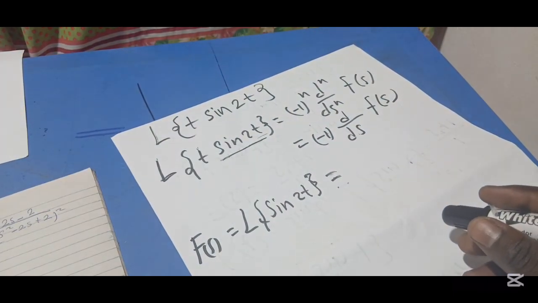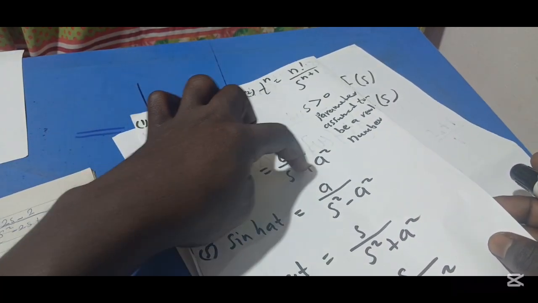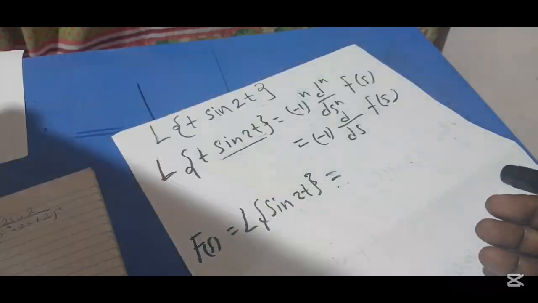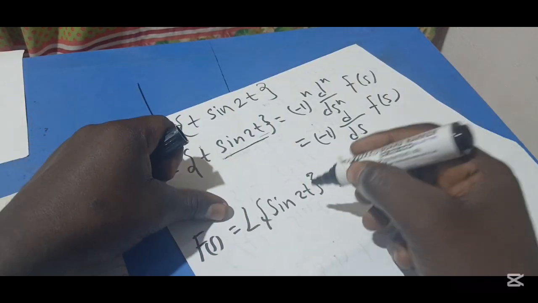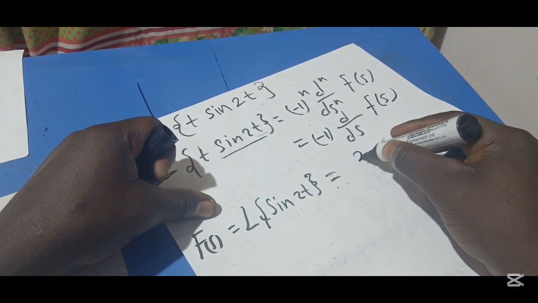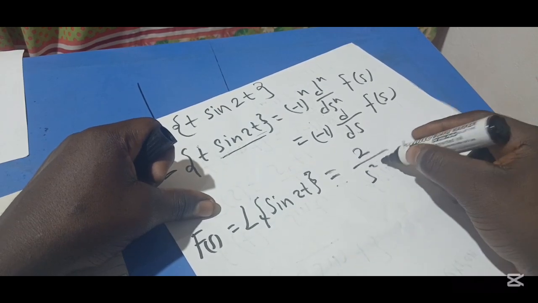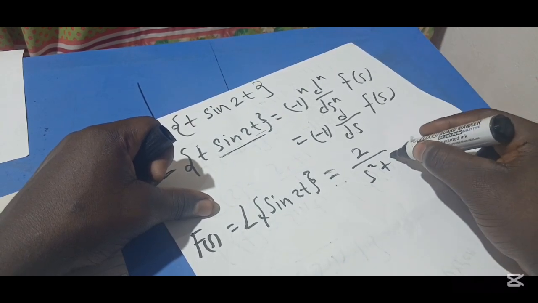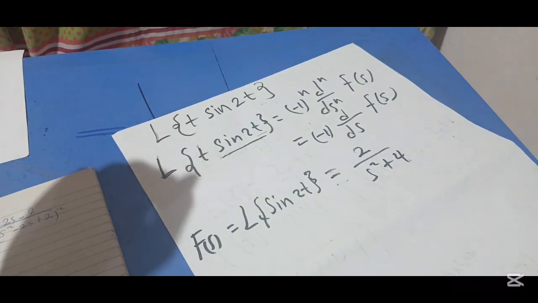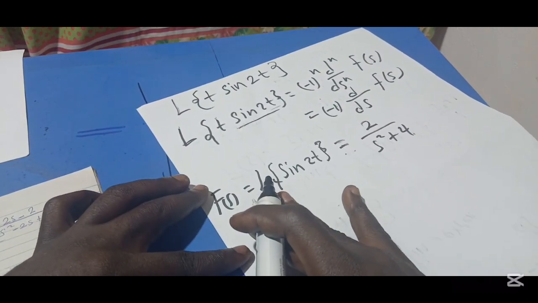The basic one is a over s squared plus a squared, right? Now we know the value for our a. Our a here is 2. So it is 2 over s squared plus 2 squared, which is 4, right? Good. So now we know what our F of s is.